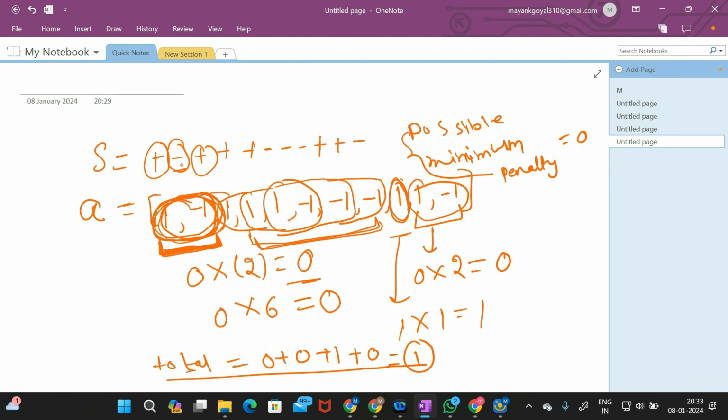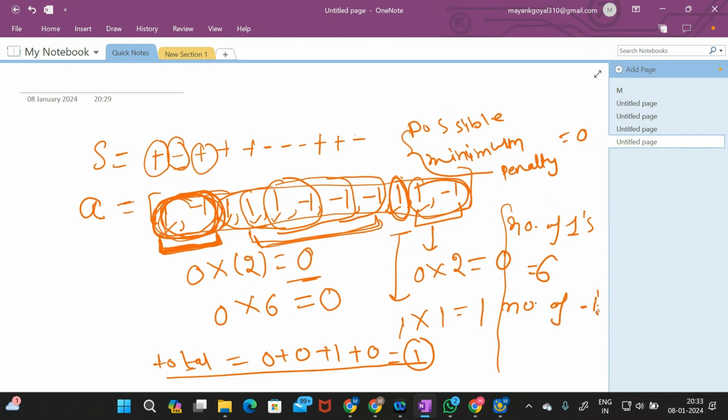If we count all the 1s and minus 1s in this array, the number of ones is 1, 2, 3, 4, 5, 6, and the number of minus 1 is 1, 2, 3, 4, 5.